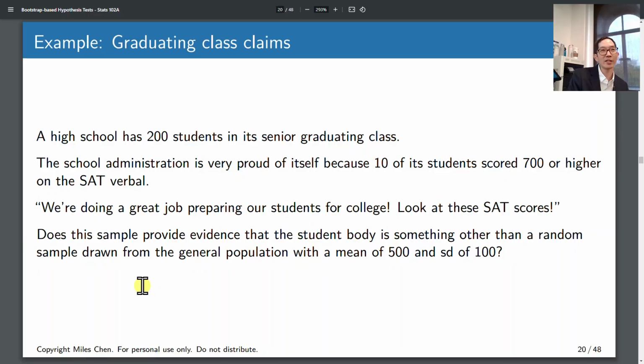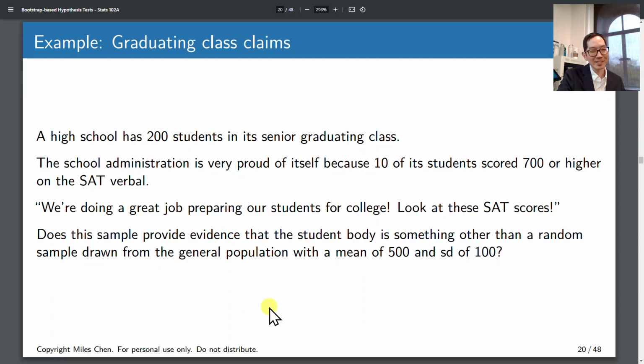And the school administration is very proud of itself because 10 of its students scored 700 or higher on the SAT verbal. This is a little bit cynical, but maybe the administration is like, this is great. We're doing such a great job of preparing our students for college, because look, we have only 200 students graduating, but look at this, 10 of them got scores of 700 or higher on the SAT verbal.